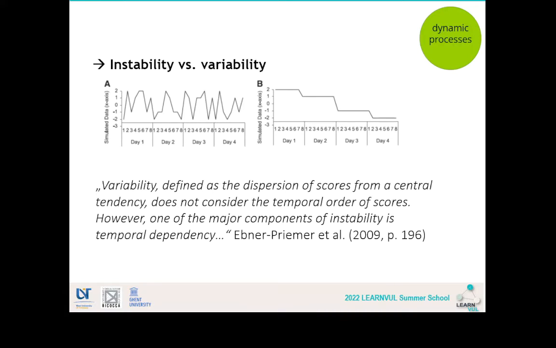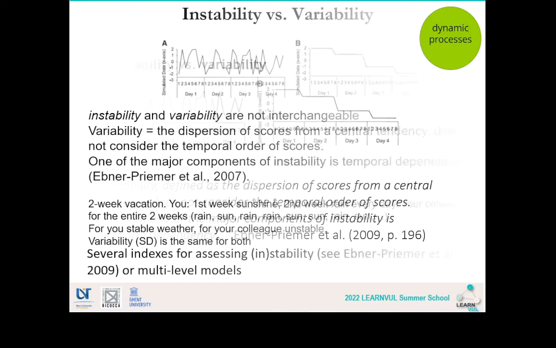It just tells you if it varies around the mean, but it doesn't tell you whether it's a large wave or not, whether you are going up and down every 5 minutes, or changing mood every 4 hours or every day, for example. In instability, you're considering temporal dependency.